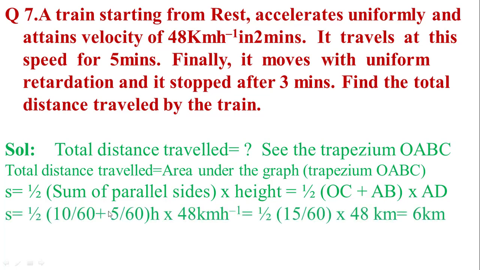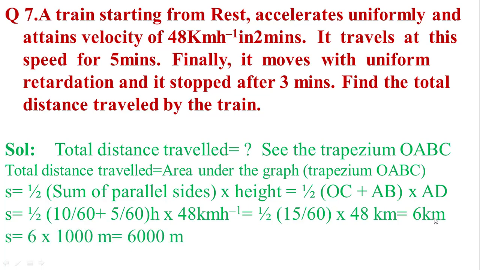Then S is equal to 1 upon 2 into (10 upon 60 plus 5 upon 60) multiplied by height, which is 48 kilometer per hour. Then the final answer is 6 kilometers.